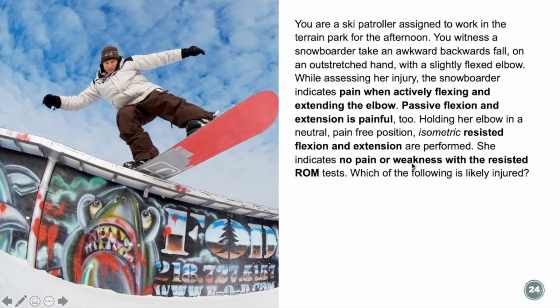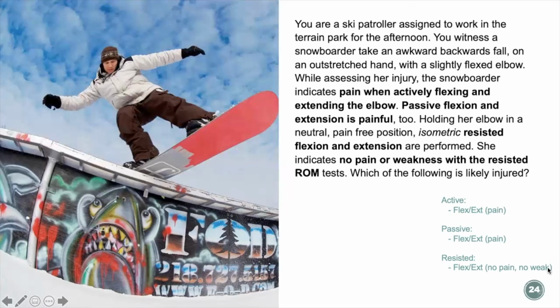Right? So then what I like to do is I make a little note on the side and I say, okay, I've got active, passive, and resisted. Now, what is going on when I do these different types of test? Well, with our active range of motion, both with flexion and extension, there's pain associated. With passive flexion and extension, we saw pain in both. With resisted flexion and extension, there was no pain and no weakness.